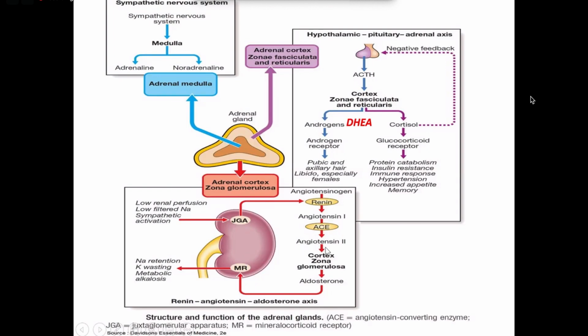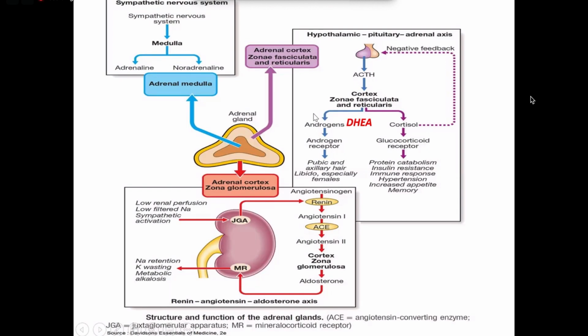This will be converted to angiotensin 2, and this one has a direct effect on the zona glomerulosa to secrete aldosterone, and the main function of aldosterone is to promote sodium retention and wasting of potassium.